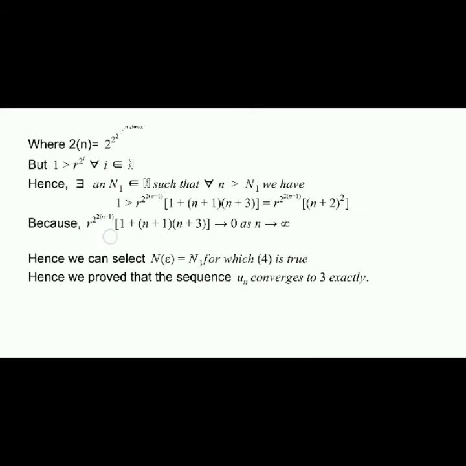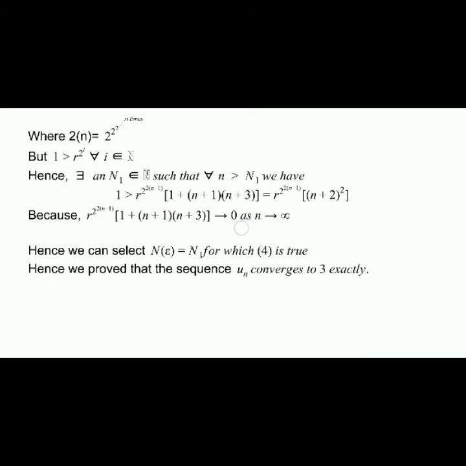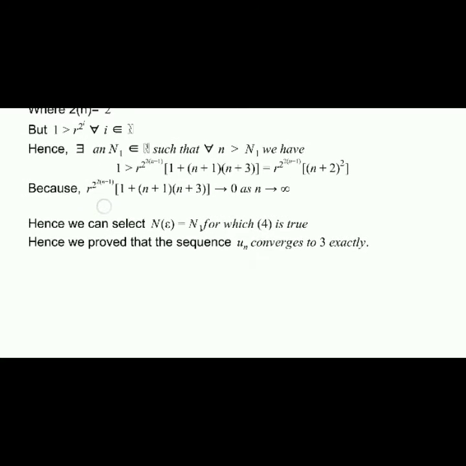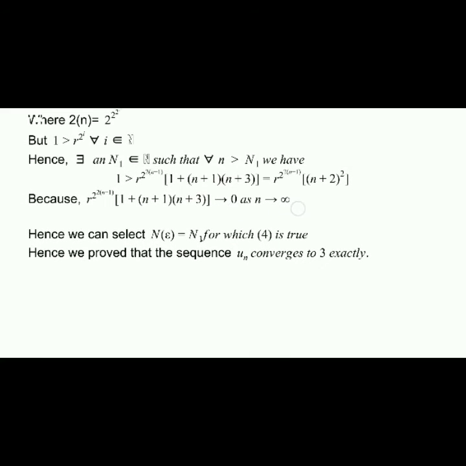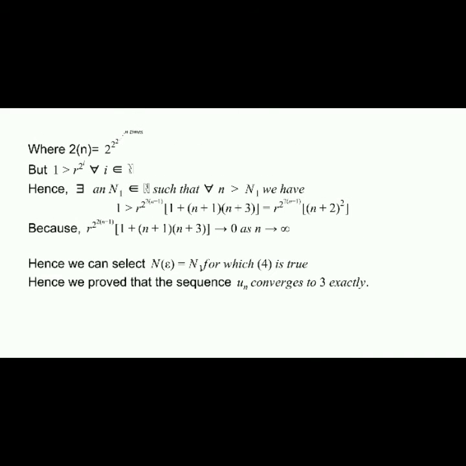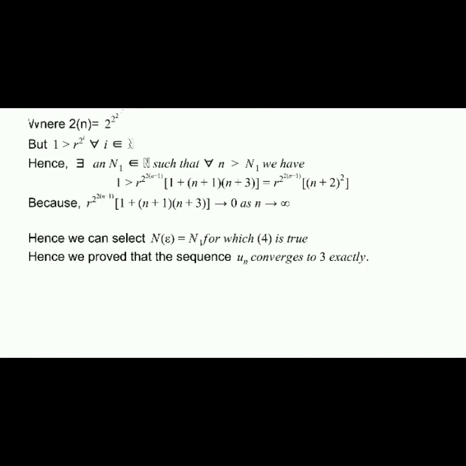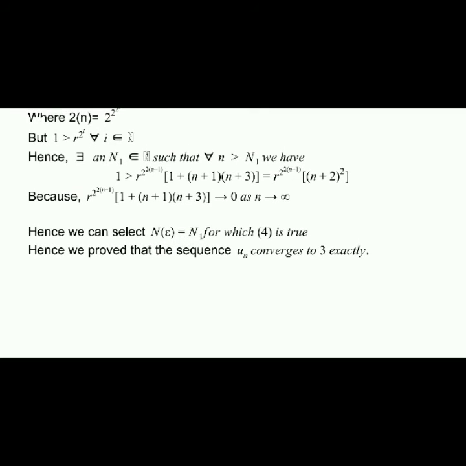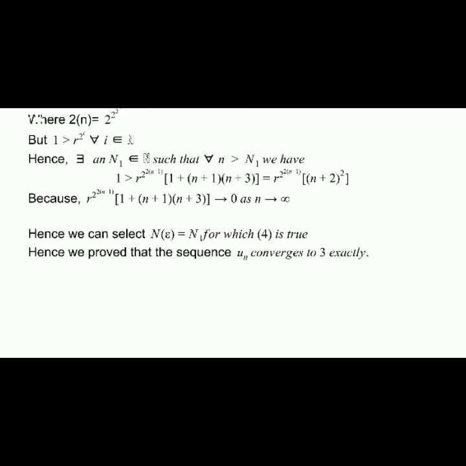We get this thing, that is, this sequence converges to 0 as n tends to infinity. And if this happens, then we will get some n1 such that this number is less than 1 for all n greater than n1. So we can select n epsilon equals n1, for which 4 is true.